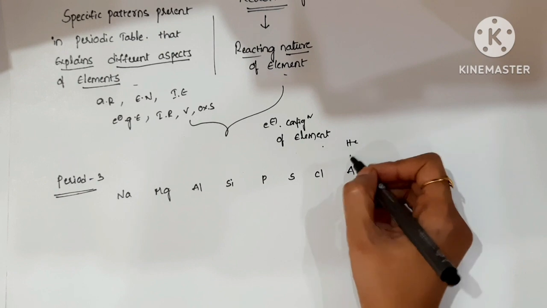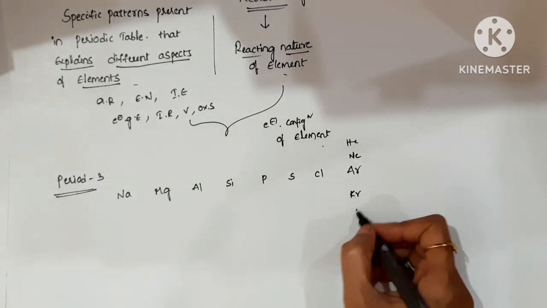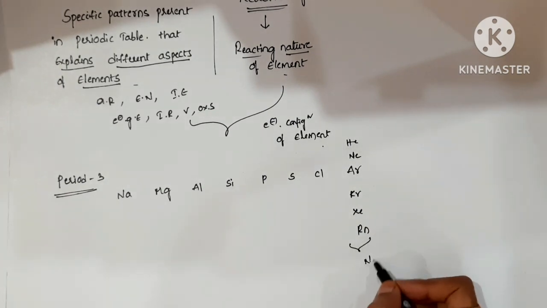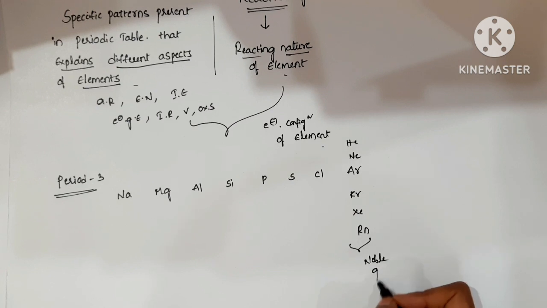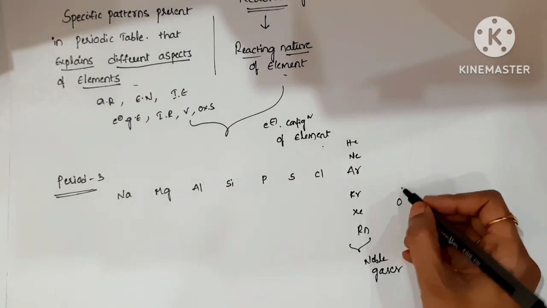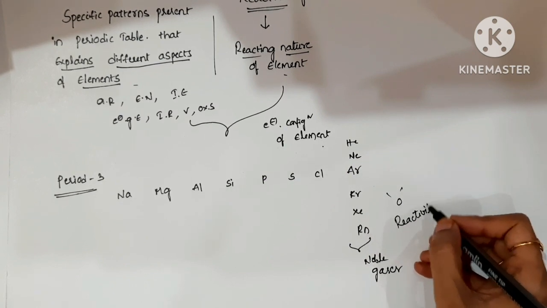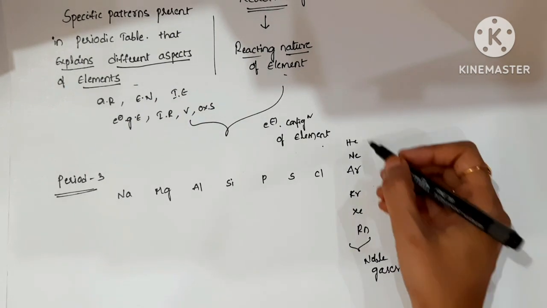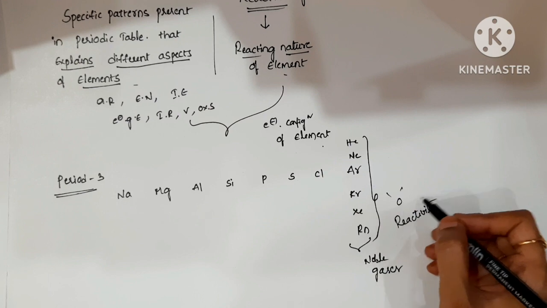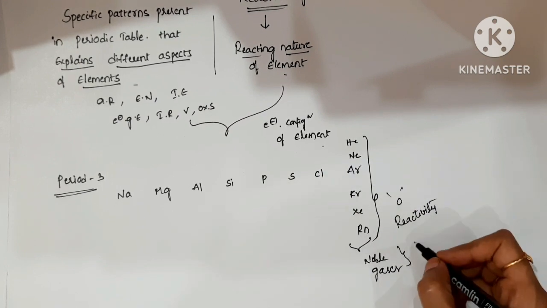Helium, neon, argon, krypton, xenon, radon are noble gases. Noble gases have zero reactivity, or very little reactivity. Why? Because noble gases are most stable.